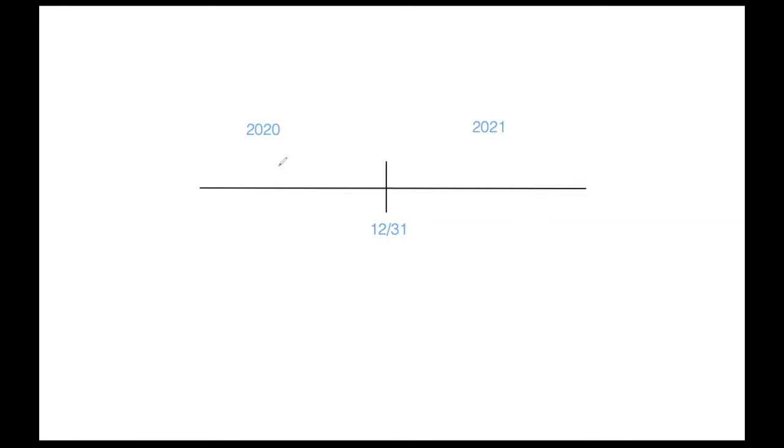Let's say I loaned you money in 2020, but you're going to pay me sometime in 2021. You're going to pay me the initial amount of the loan plus all of this interest in this time period. However, we end our year here, the end of December. We have to show that we actually earned interest in 2020.